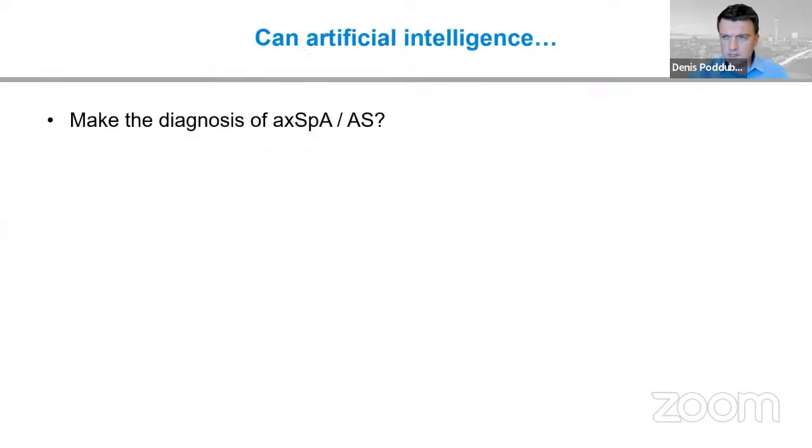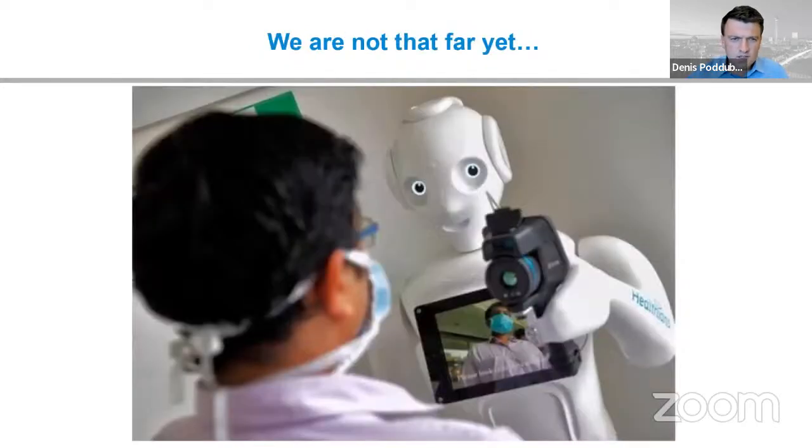So I will try to address two major questions. The first question is, when we talk about rheumatology as a clinical discipline, whether artificial intelligence can make the diagnosis of axial spondyloarthritis or ankylosing spondylitis or any other disease. So, and I need to say clearly, we're not that far yet, and at least in the nearest future, we won't be getting there.